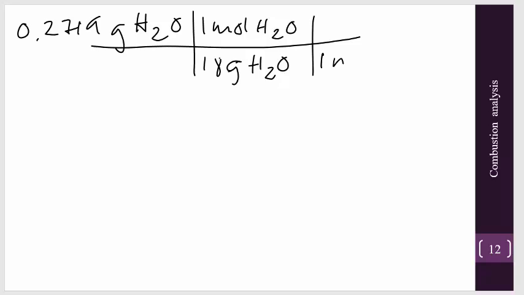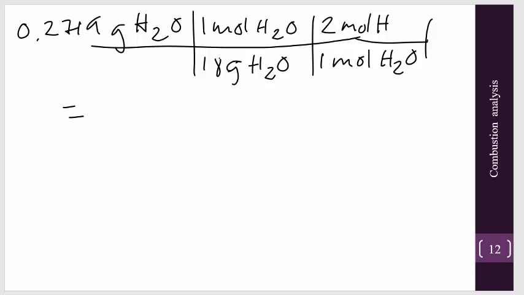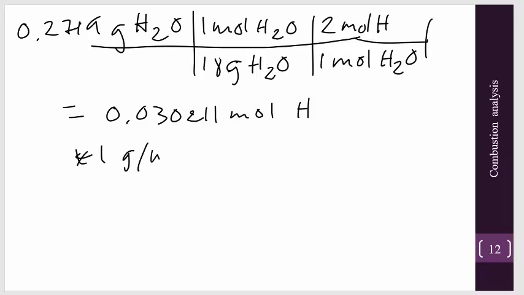And if we had 1 mole of H2O, we'll have 2 moles of hydrogen. So then that gives us this. We have some moles of hydrogen that were in that original sample. And then because hydrogen is 1 gram per mole, we have the same number of grams in that original sample.